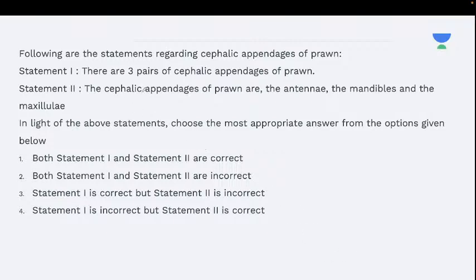Statement 1: there are three pairs of cephalic appendages of prawn. Statement 2: the cephalic appendages of prawn are antennae, mandibles, and maxillae.